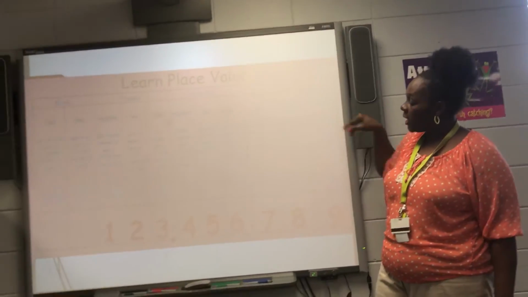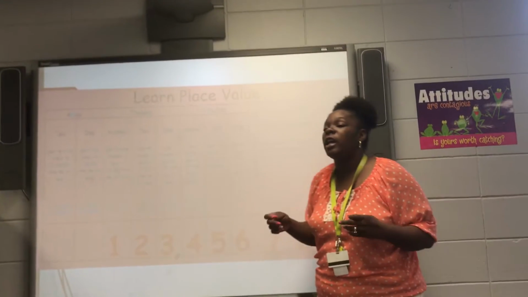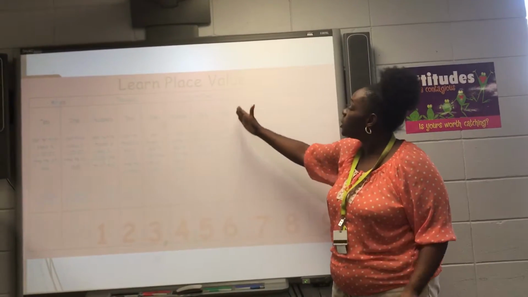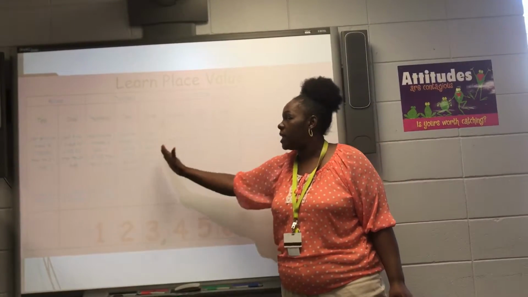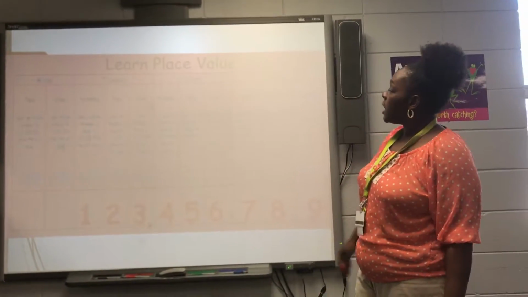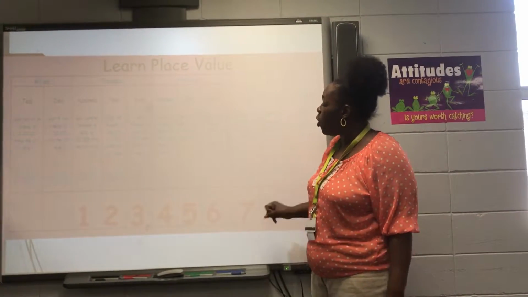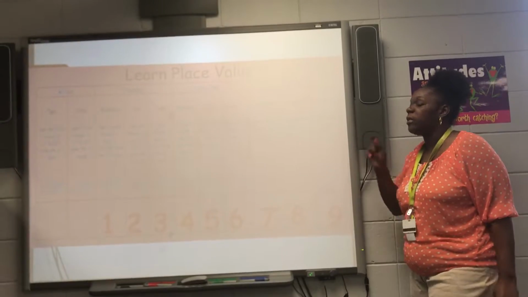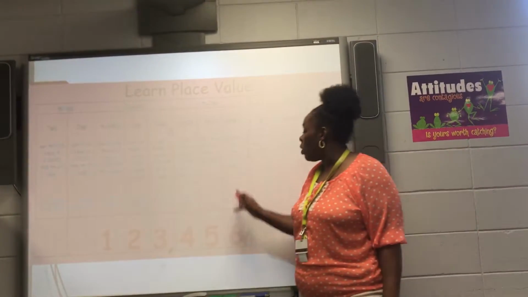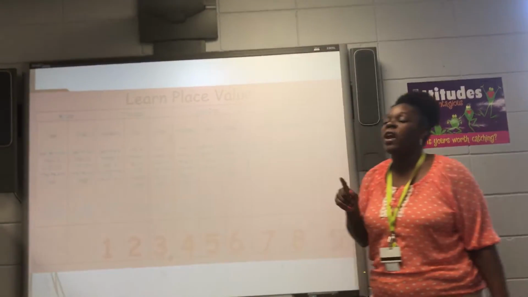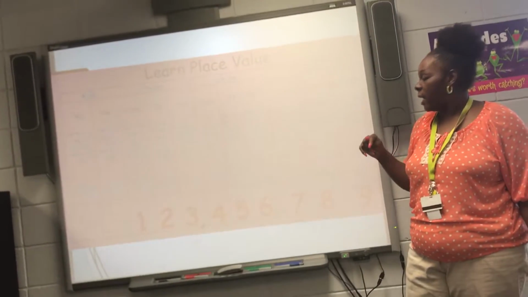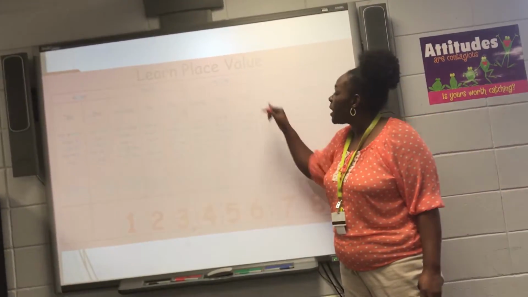Okay, in this slide here, this is learning the value of each position on this place value chart. It tells us here that each one is equal to the unit value. So here in our one spot, what would be our unit value?